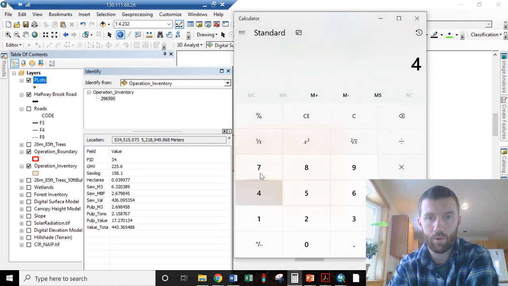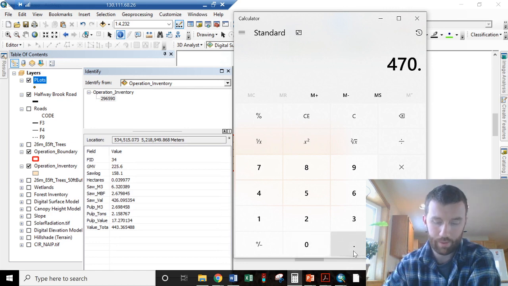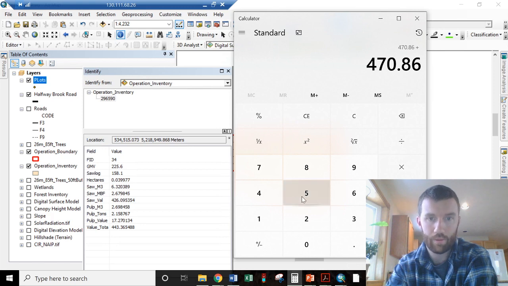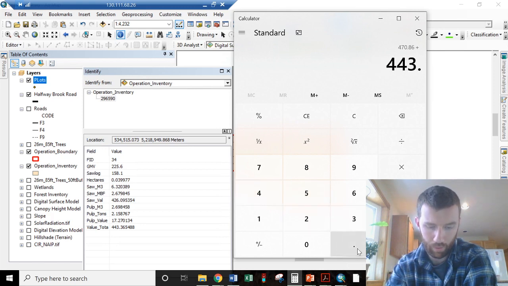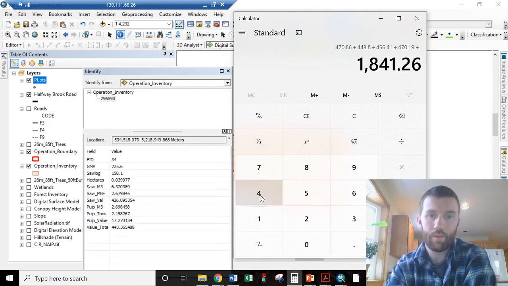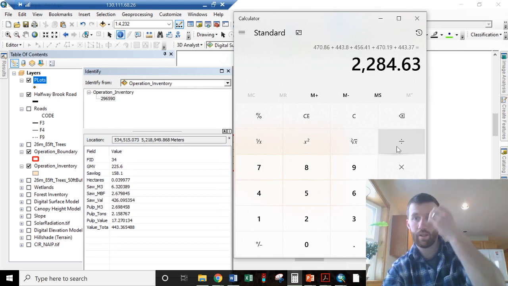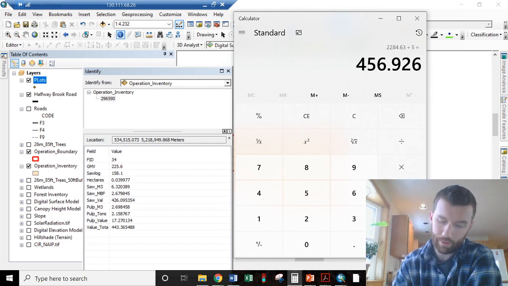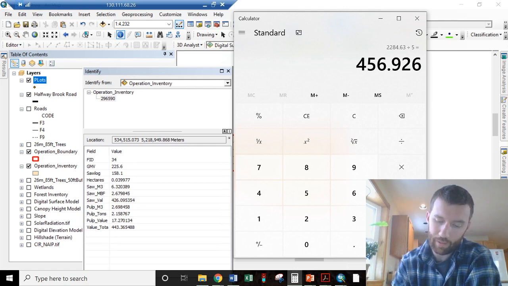So we have 470.86 plus 443.8 plus 456.41 plus 470.19 plus 443.37 equals, and then divided by 5 equals 456.926.